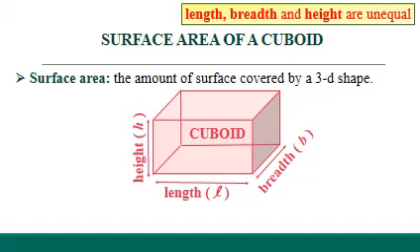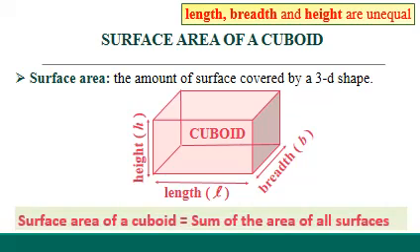So how can we find out the surface area of a cuboid? Surface area of a cuboid is the sum of the area of its surfaces, which means that we can easily find out the surface area of a cuboid by adding the area of all of its 6 surfaces.